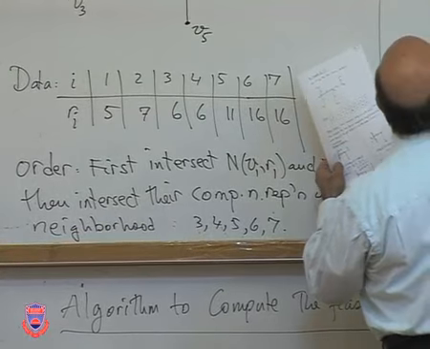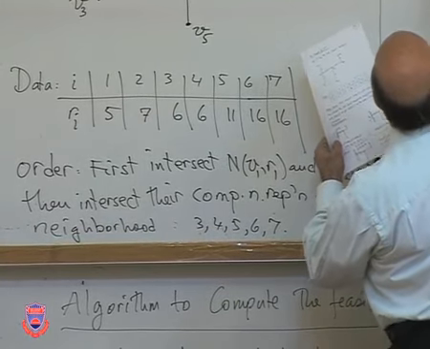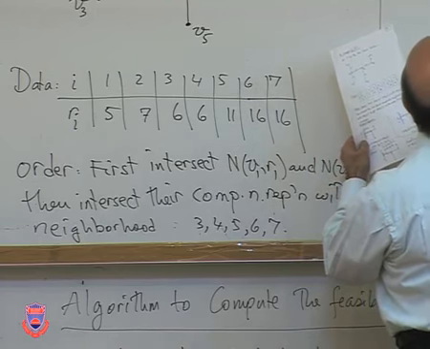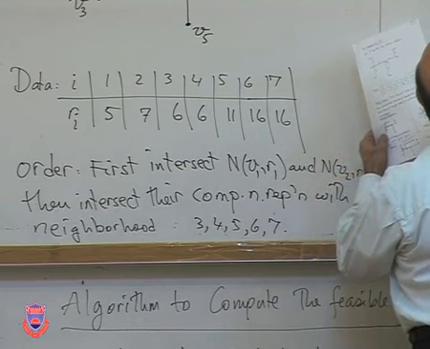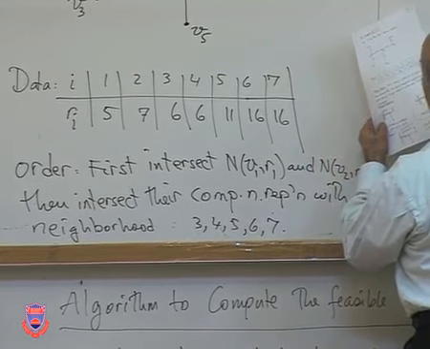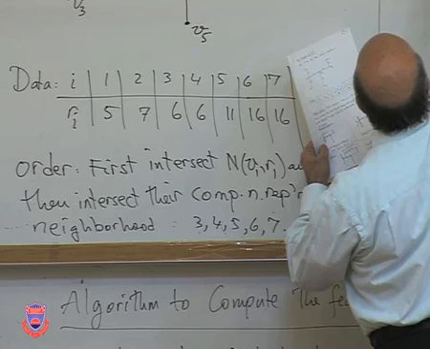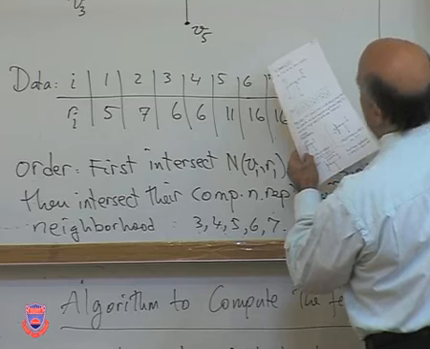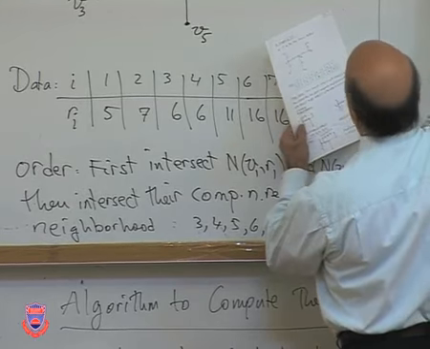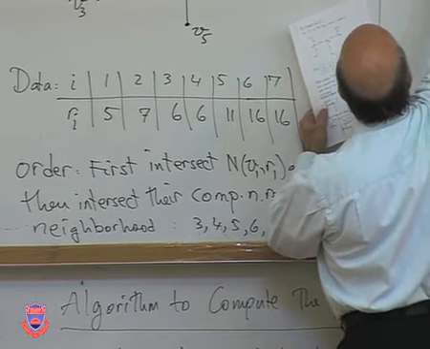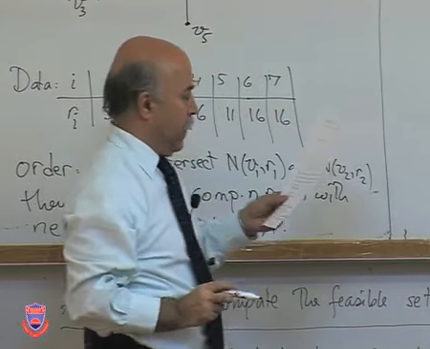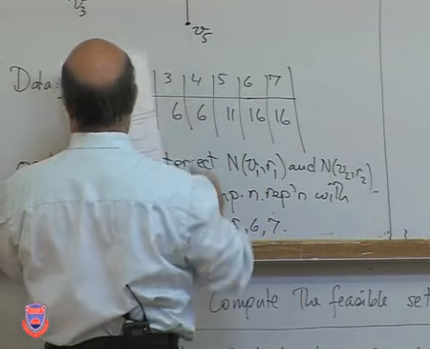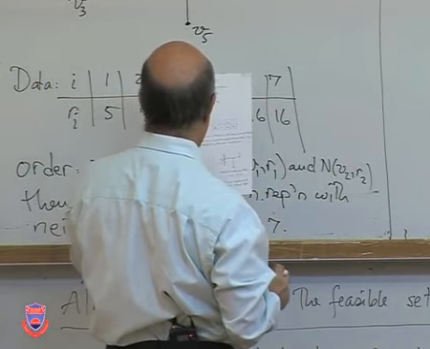Maybe I should draw these things a little bit smaller to fit all of them here. So the first vertex under consideration is V1, and my second one is V2.